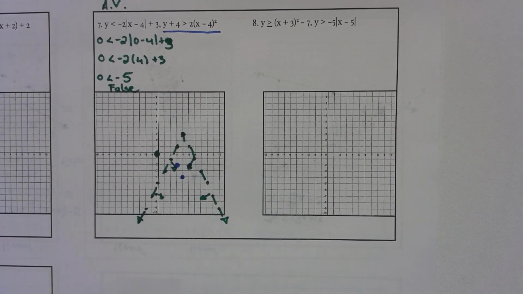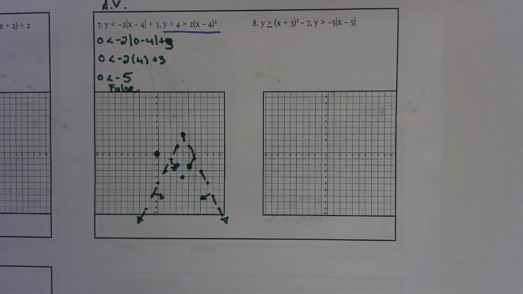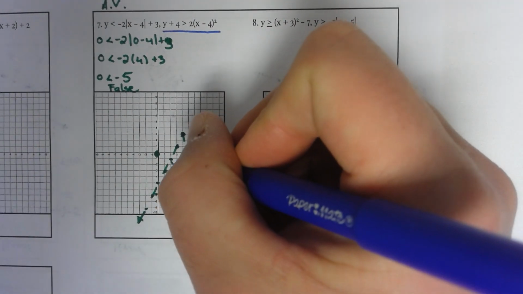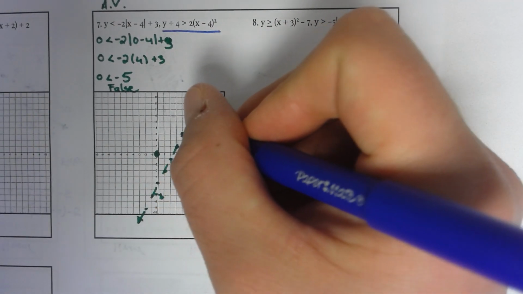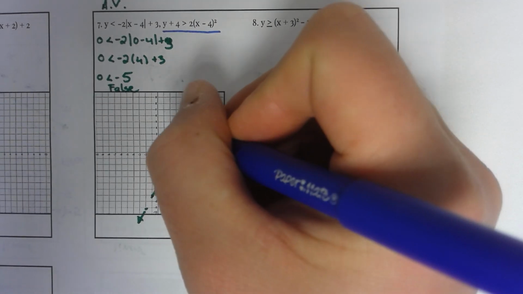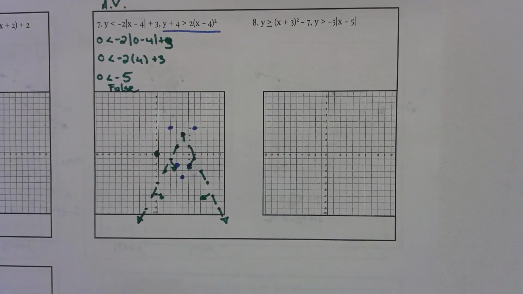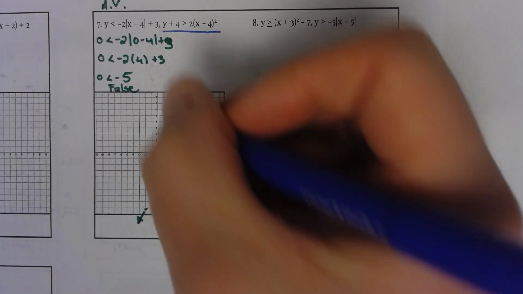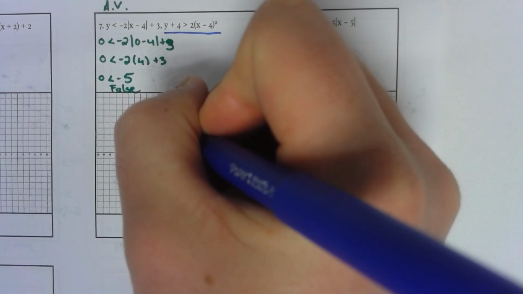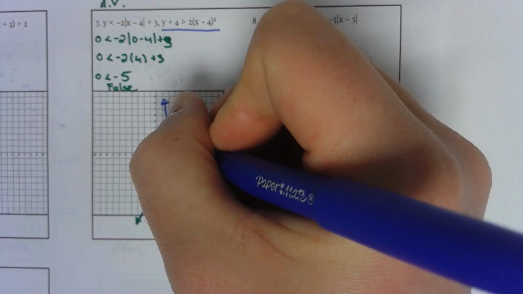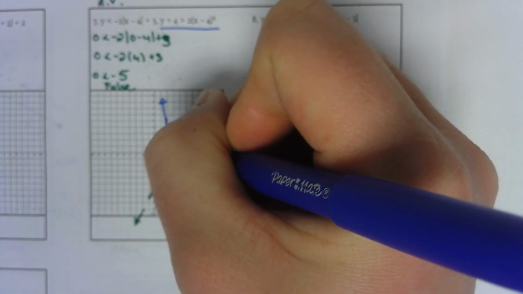So from those 2 points, I'm going to go up 6 and over 1. So up 1, 2, 3, 4, 5, 6 over 1. And this time I'm going to connect these points to our quadratic graph using a solid line.